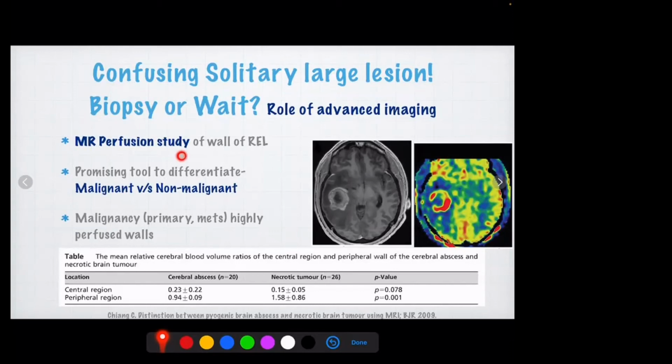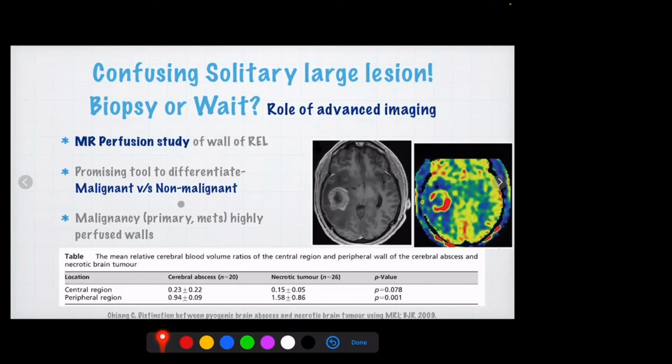So the MR perfusion study, I think, is a reasonably promising sequence. It's available, but it just needs the expertise of the radiologist to report it. Perfusion study of the wall of the ring enhancing lesion is of use, with the logic that malignancies, primary or metastasis, are highly perfused in their walls compared to the centers.